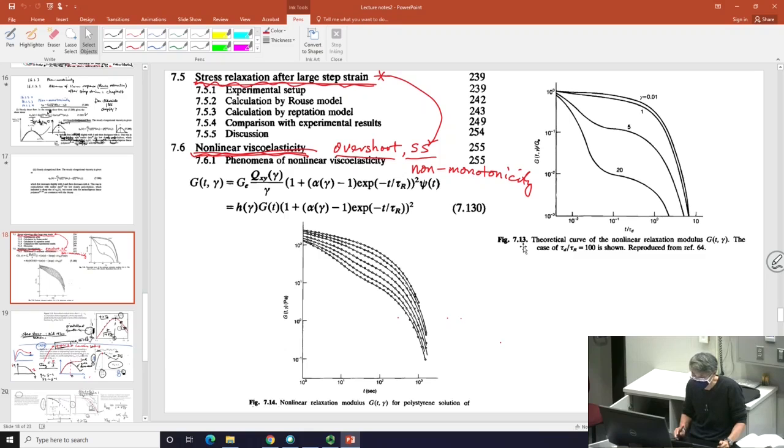It's discussed in a whole section here, and you only need to look at this section. That's where they start to compare their theory with experiment.